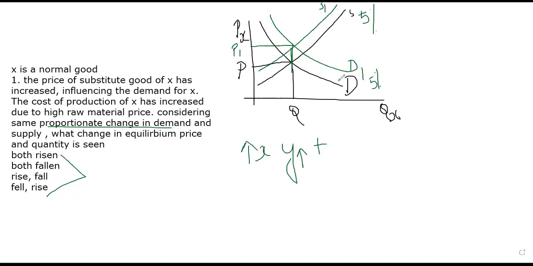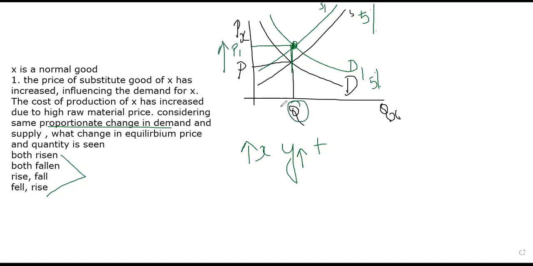The demand curve of X will shift towards the right. At the same time, the cost of production of X rises due to higher prices for raw material. This causes the supply to fall, so the supply curve shifts towards the left. So the supply curve shifts left and the demand curve shifts right in the same proportion, as mentioned in the question. You can expect the new equilibrium to occur at a higher price, but with no change in equilibrium quantity.